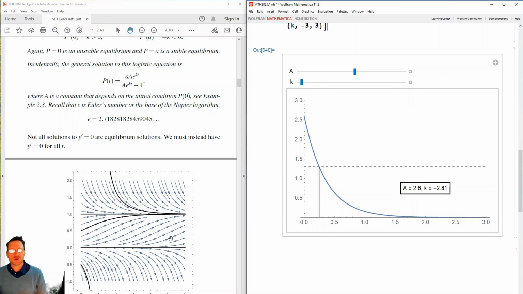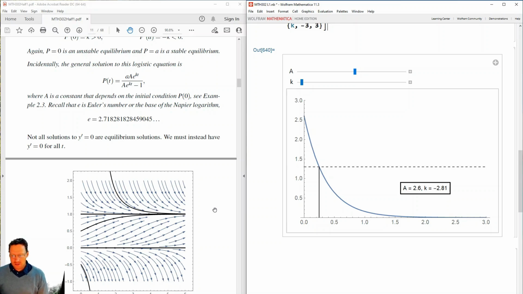Now, if you were to have an initial population that's above that equilibrium, then the population over time would tend towards that equilibrium solution. So we would have a decline in population until you get very close to the equilibrium solution.